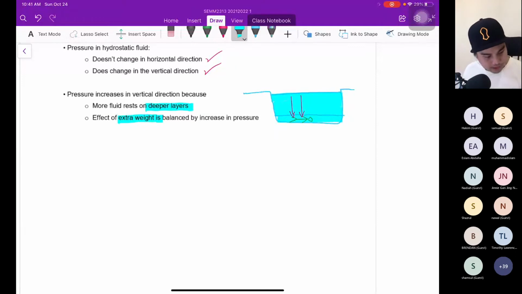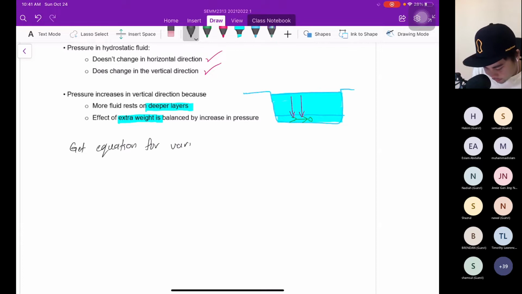So from here, let's get the equation for variation of pressure with depth.